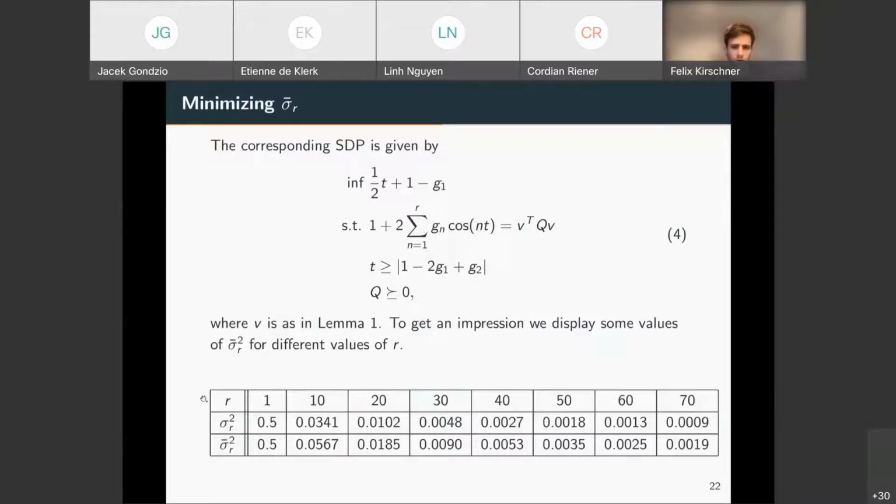And just to get an expression of how these two quantities behave next to each other, I gave you a few of the values. So for sigma R and sigma bar R, for one they are the same, and then increasing R, it seems like sigma bar R is somewhat half as big, not exactly, but on that order, at least for the ones that I'm showing you here.